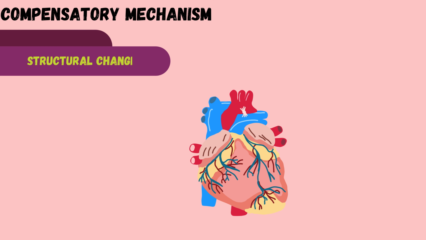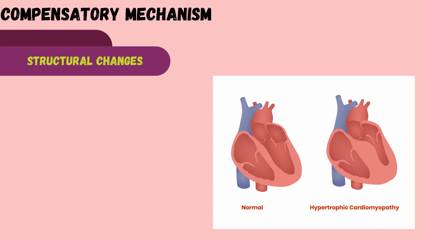Over time, the left ventricle undergoes structural changes in an attempt to adapt. Hypertrophy. The walls of the left ventricle may thicken in response to increased workload, especially in diastolic dysfunction. While this might sound like a good thing, a thicker heart muscle becomes stiff and less compliant, further impairing its ability to fill with blood.